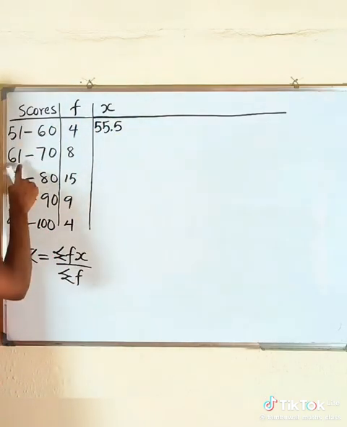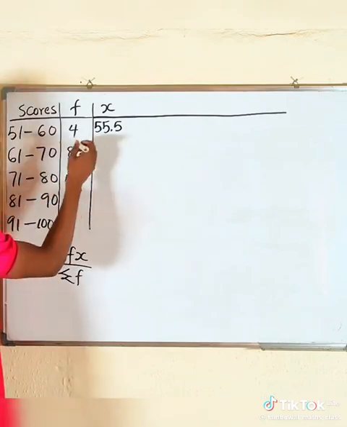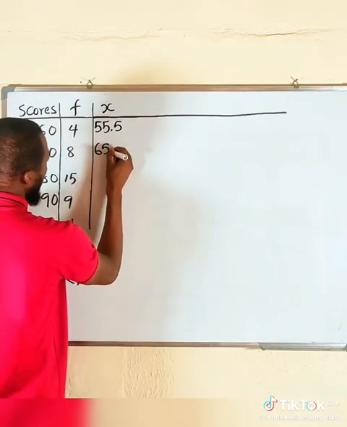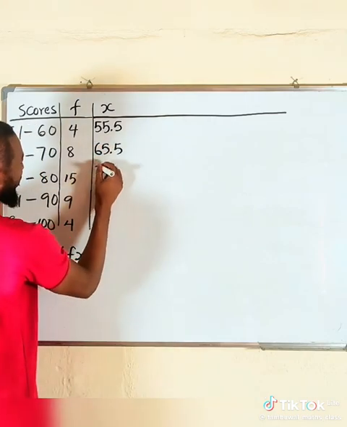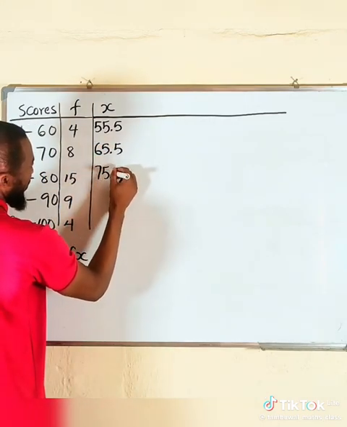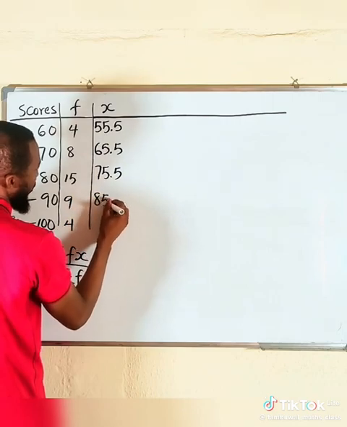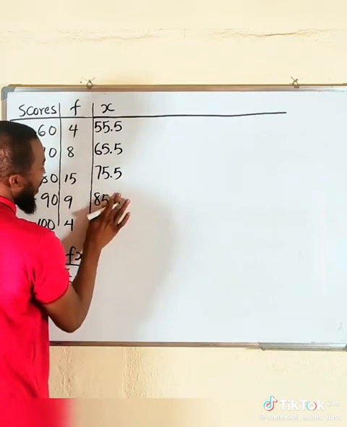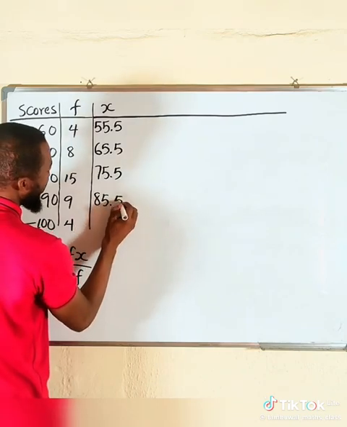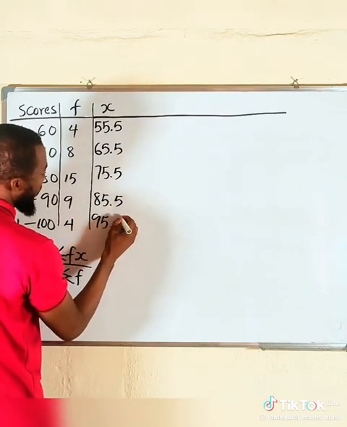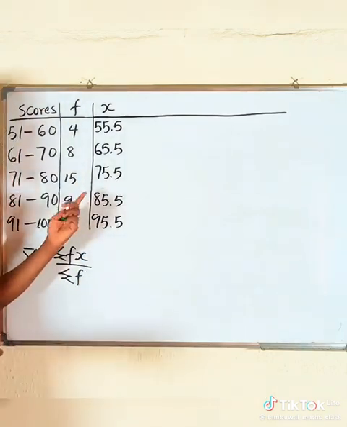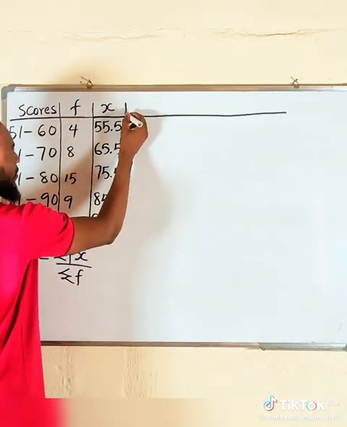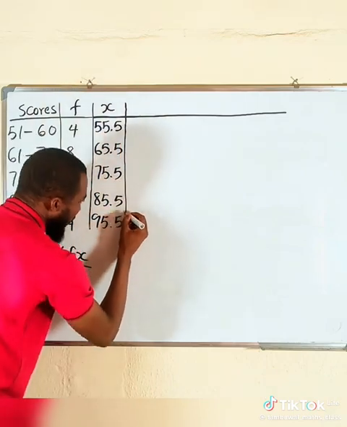Add these 2 together, divide by 2, you're going to get 65.5, 75.5, 85.5, and lastly 95.5. You see, now we have our x column, which is the midpoint.